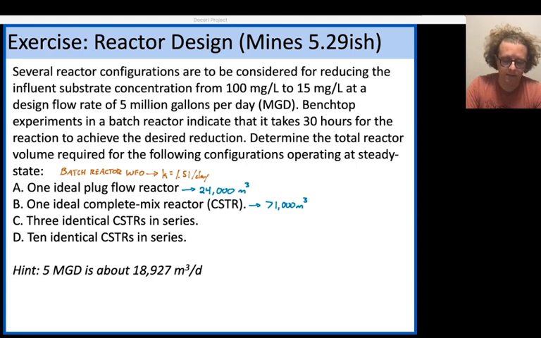Applying the design equations we've looked at for plug flow and complete mix reactors or CSTRs, we should be able to get volumes of 24,000 and 71,000 respectively, approximately, rounded to the nearest thousand. What I'd like to take a look at in this video is really what happens with these CSTRs in series. That's something we haven't covered yet.